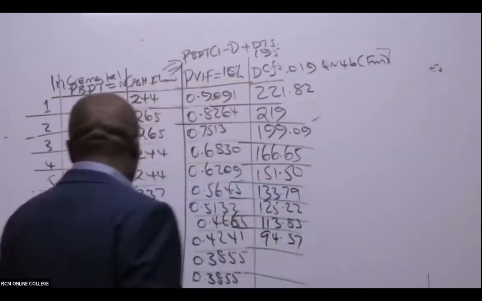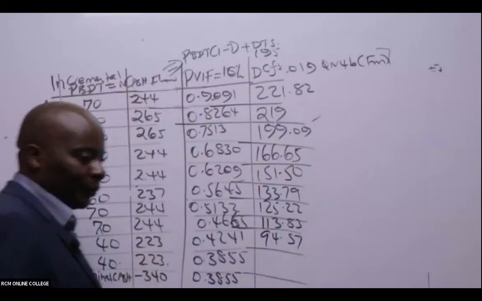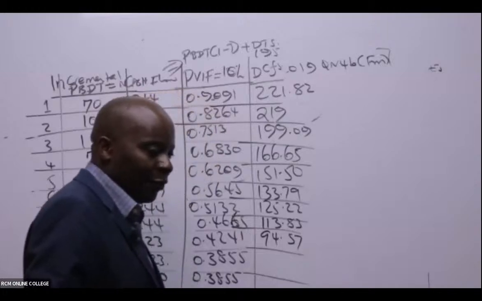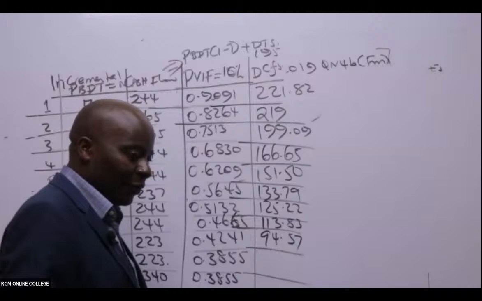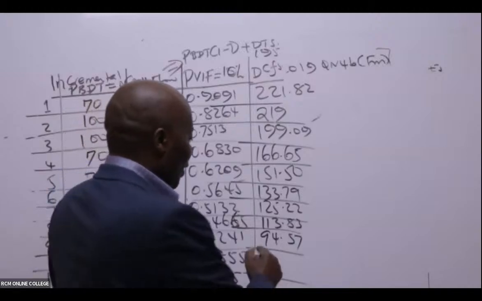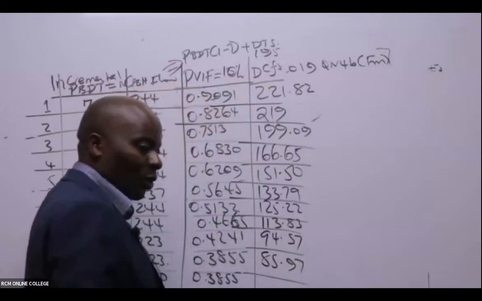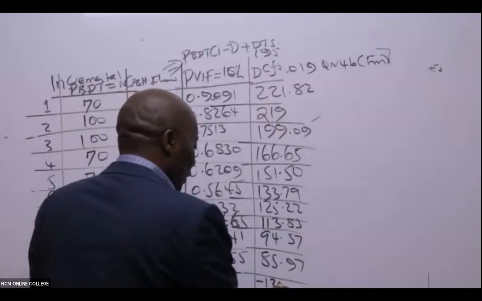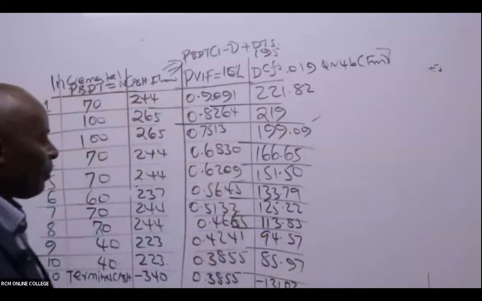Then we go to the second last, 223 times 0.3855. 85.97. Ivona, it wasn't correct for the very last one. It is 131.07.